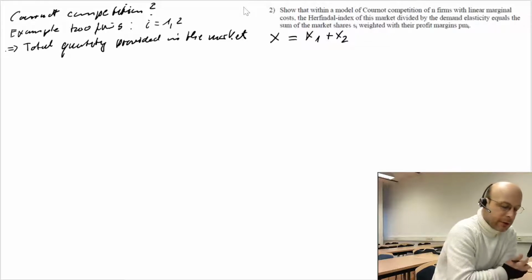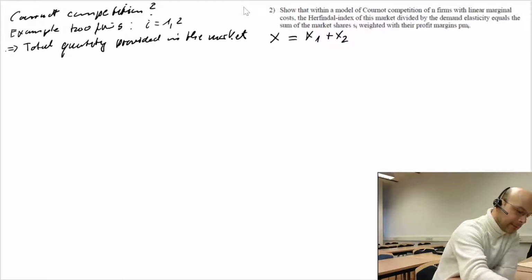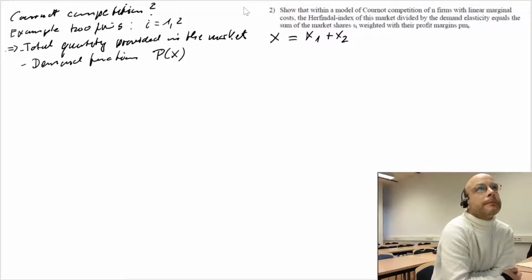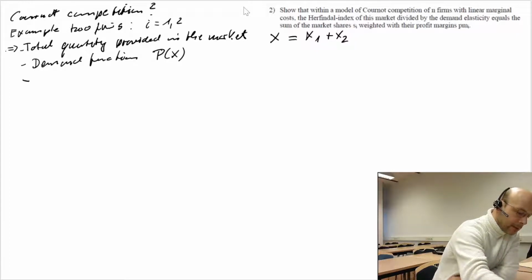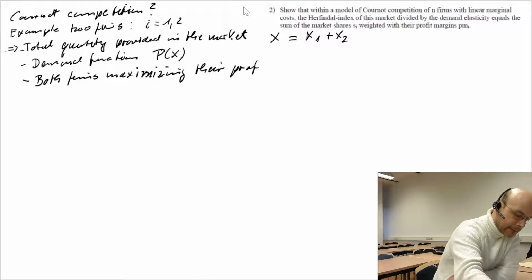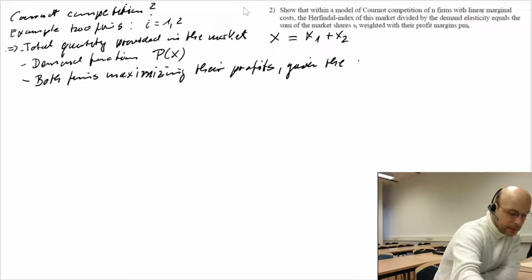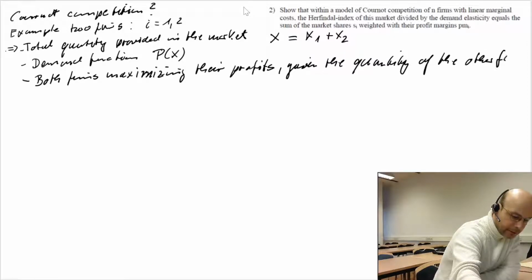And we shall have a demand function P of X, and both firms maximizing their profits given the quantity of the other firm.